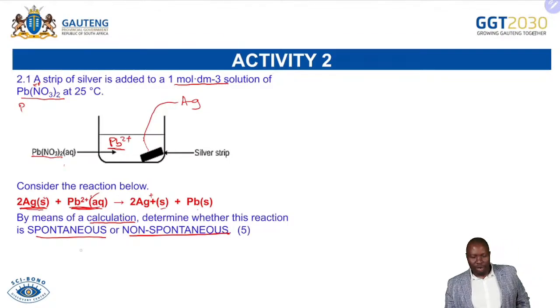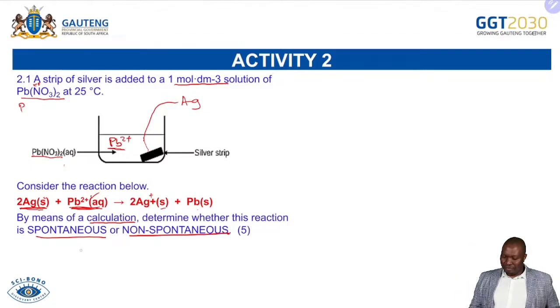And definitely, when you check them, you will see that we have silver as a weaker reducing agent. Remember, a strong oxidizing agent has a weaker reducing agent, and Pb2 plus is a weaker oxidizing agent. So you can see that if the reaction was about Ag plus and Pb, it would have been a spontaneous reaction.